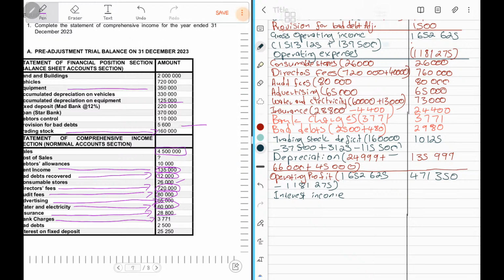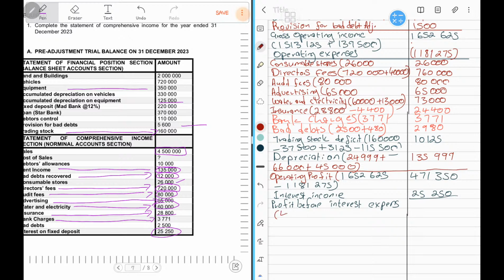Okay, and then now we're going to add the interest income. So this one is simple, straightforward. We have interest on fixed deposit here, so it's 25,250. Then we're going to get profit before interest expense. Then this one we add them.